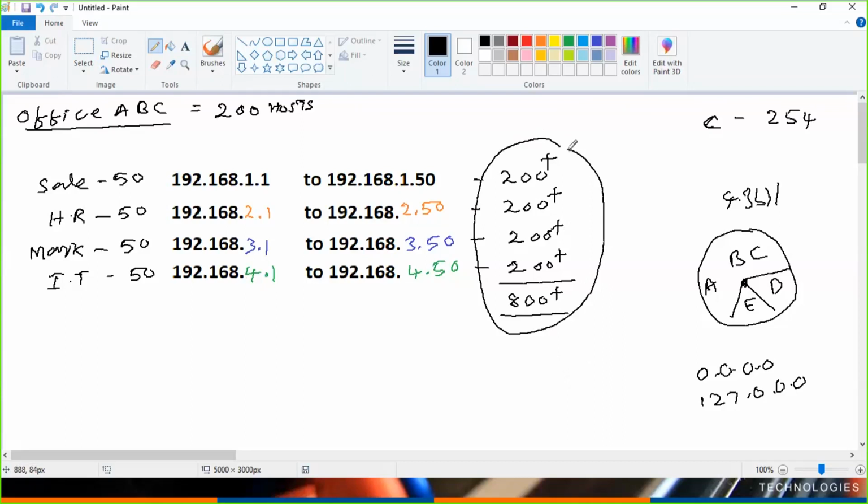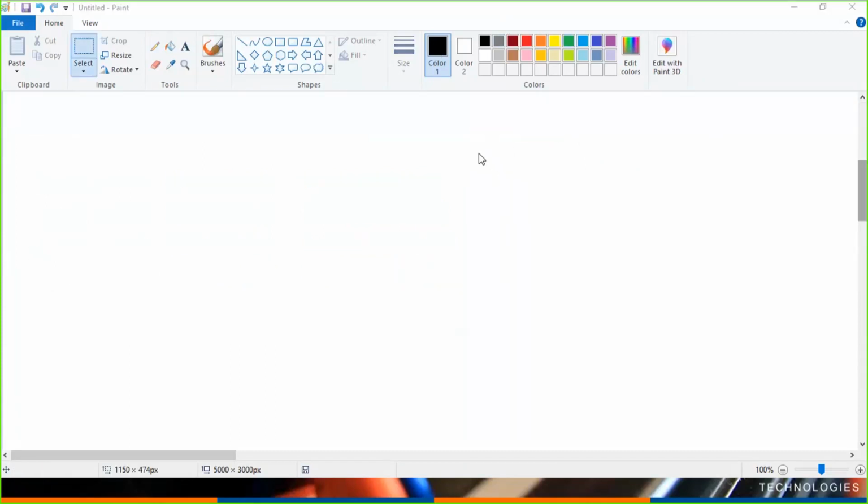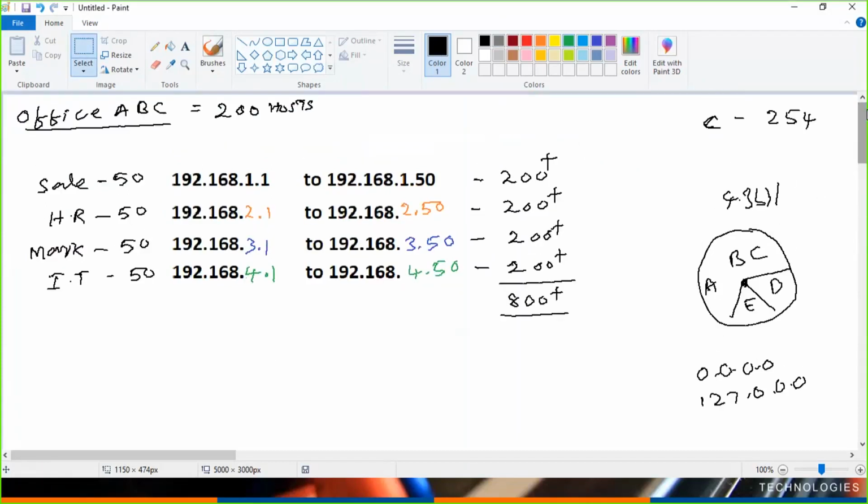So whatever IP wastage is happening needs to be minimized. If you reduce the wastage of IP addresses, then we can survive with IPv4 for the next generation also. But how to minimize? The requirement is that we need 4 different networks, meaning all departments should not communicate with each other.